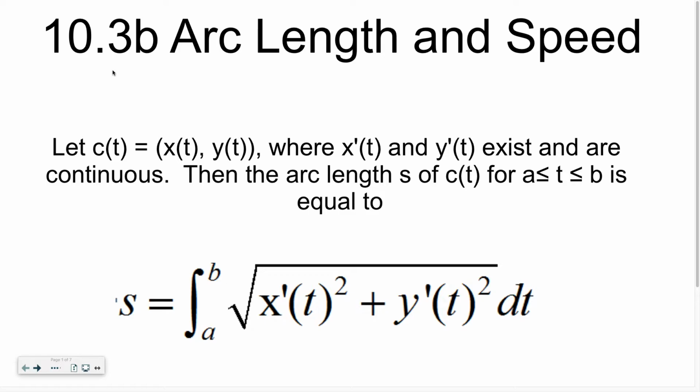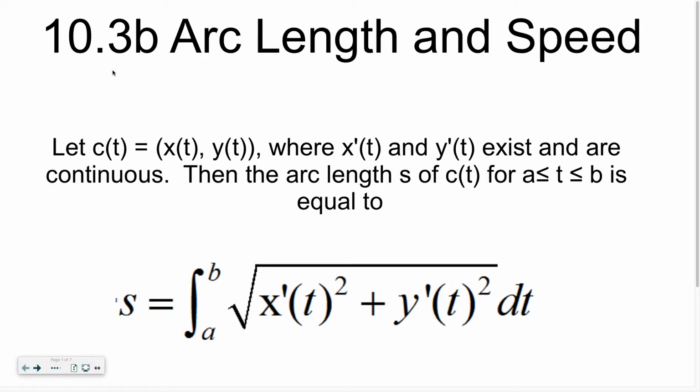We have talked about arc length before. Well, the arc length we talked about before, wasn't that like the radical of 1 plus f prime of x squared? That's not this though. It is this, isn't it?